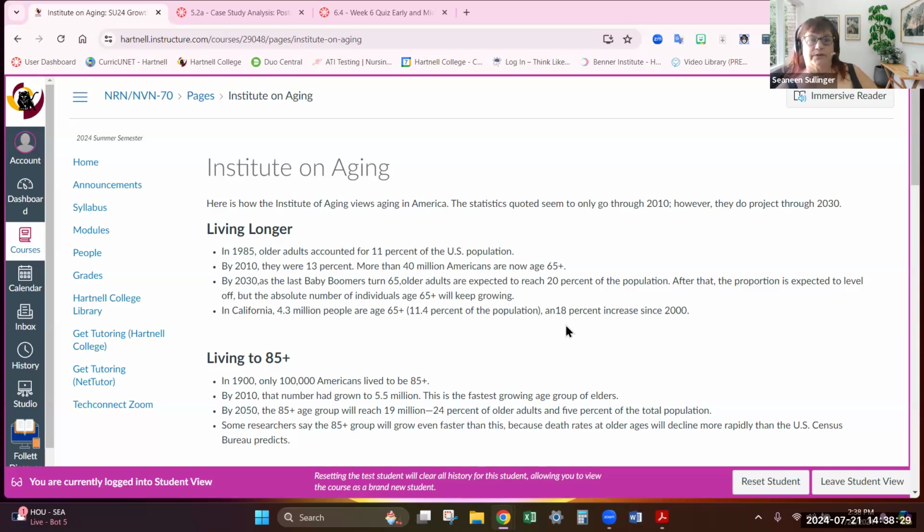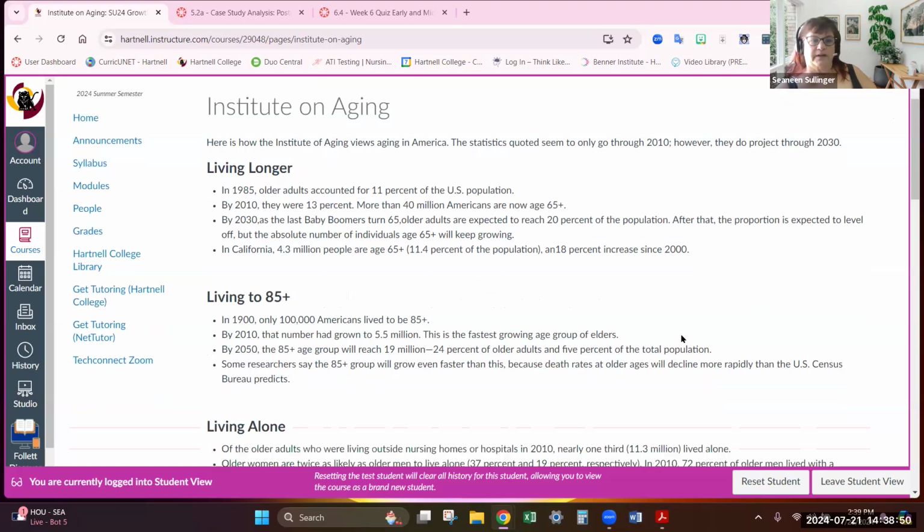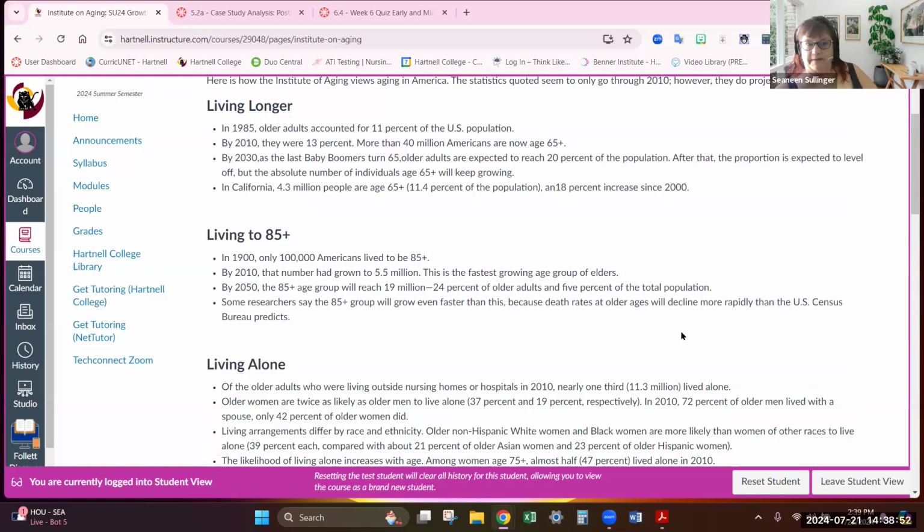And so the older adults are expected to reach 20% of the population. And then it'll sort of level off after that. But it does say that in California, 4.3 million people are ages 65 and up, which is 11%. They're saying that's an 18% increase since 2000. And then people are living up to 85 and longer.